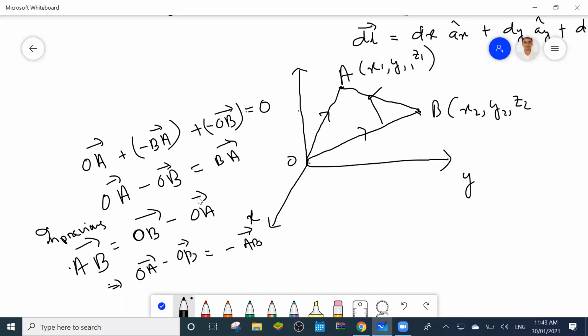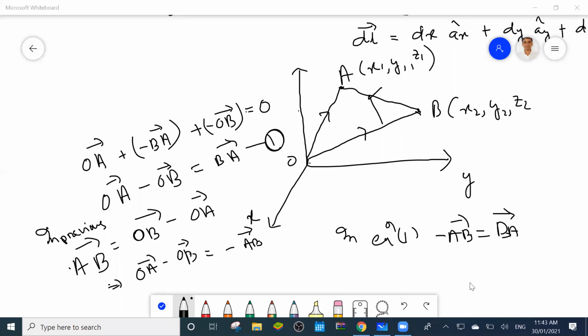So now OA minus OB, what can I write in this equation? In equation 1, I can write OA minus OB equal to minus AB vector, equal to BA vector. If we change, you can put one minus, A to B or B to A. So the direction will change.